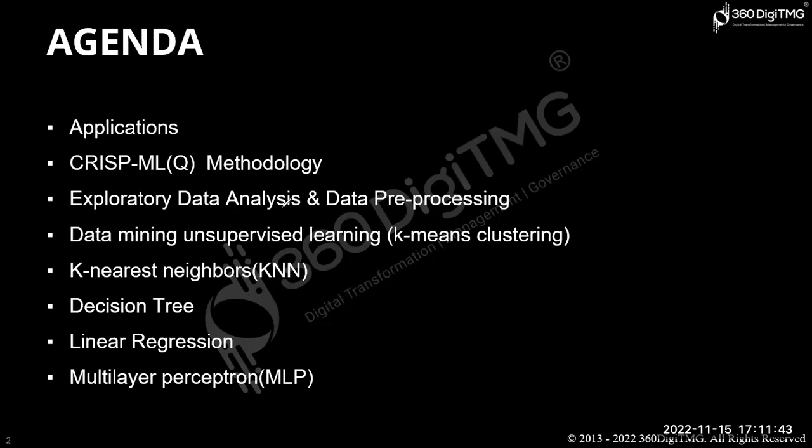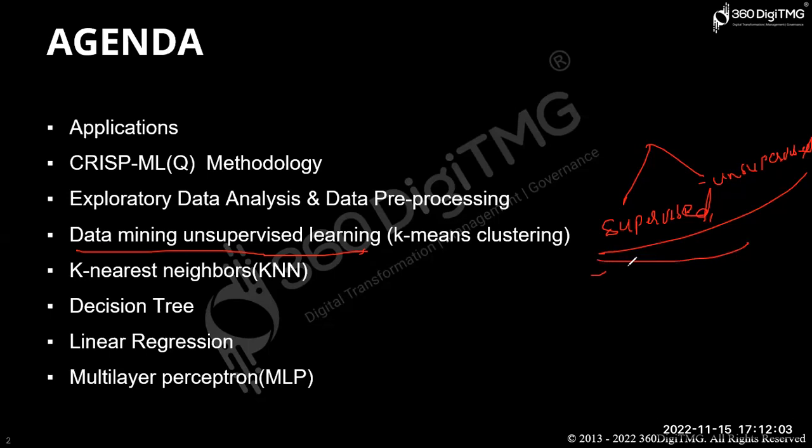Once it is done, we will be having data mining. In data mining, we have two types. One is supervised, and you can call these algorithms as well, and the other is unsupervised.